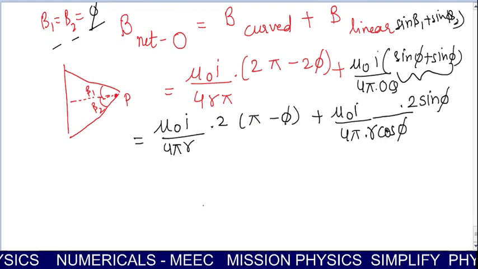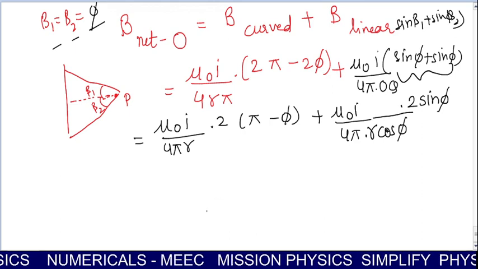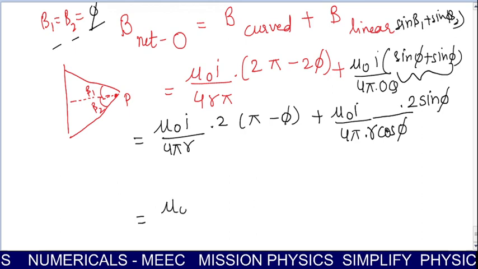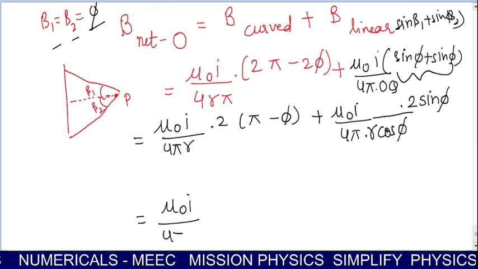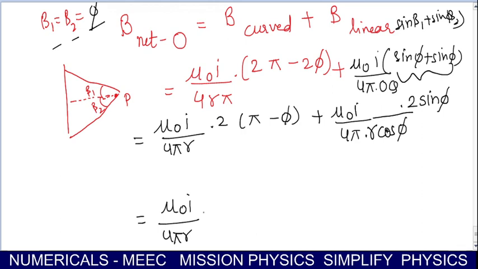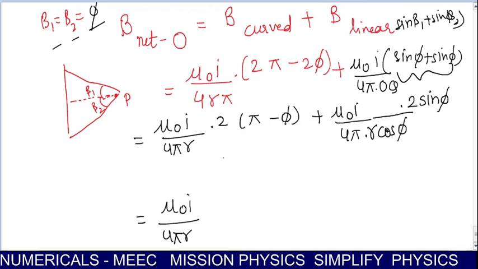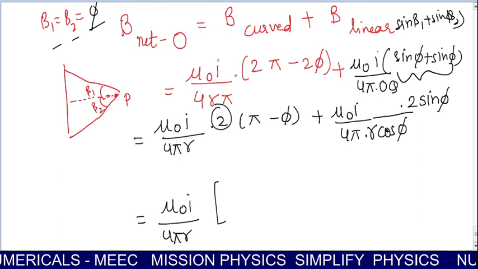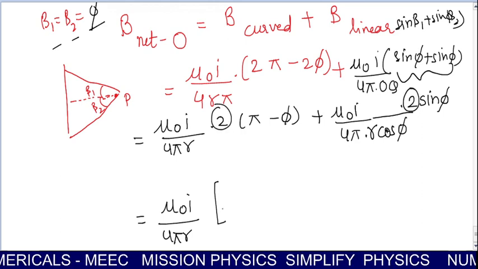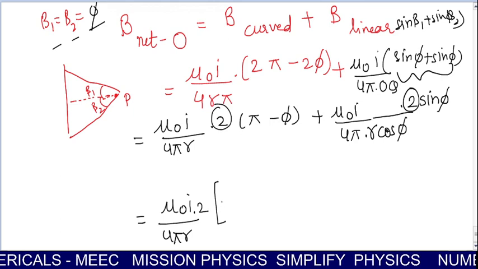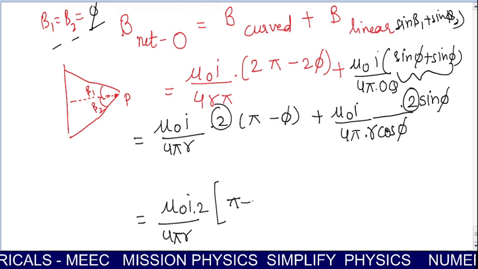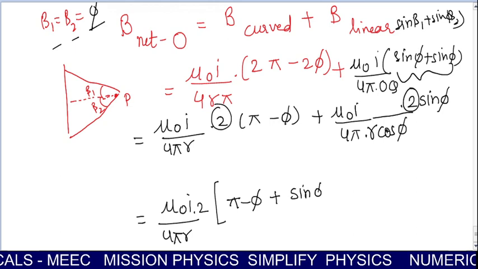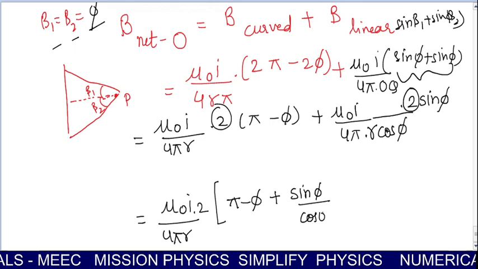So we will be taking some quantities common. So this is equal to mu naught I upon 4 pi r, ये हम कॉमन ले सकते हैं, and inside the bracket 2 भी हम कॉमन ले सकते हैं दोनों में से. So this is 2 common, and inside the bracket it is pi minus phi plus sin phi upon cos phi.